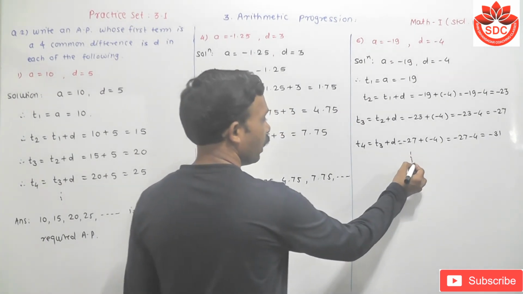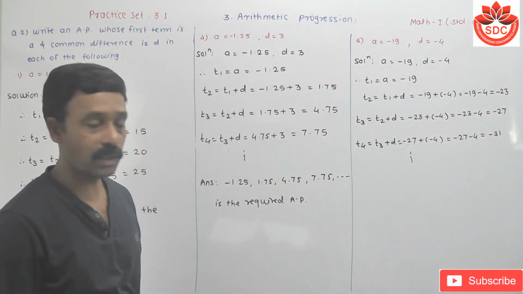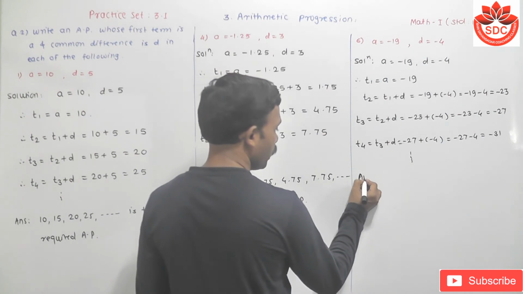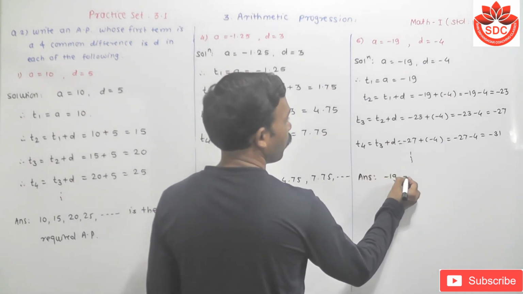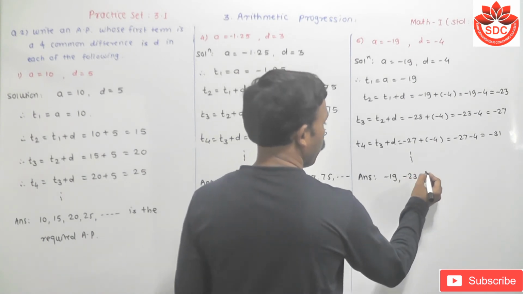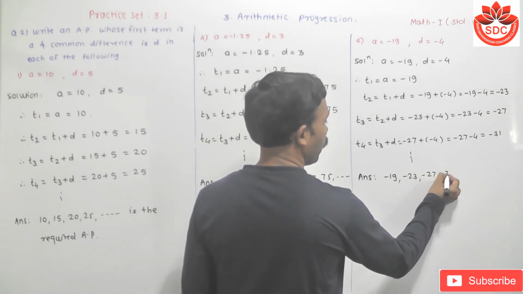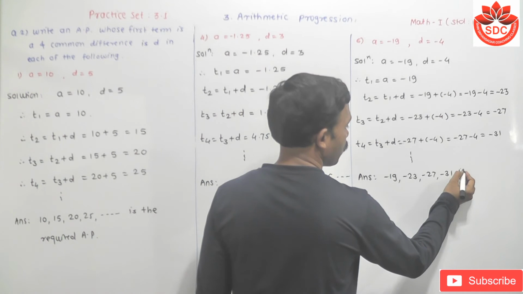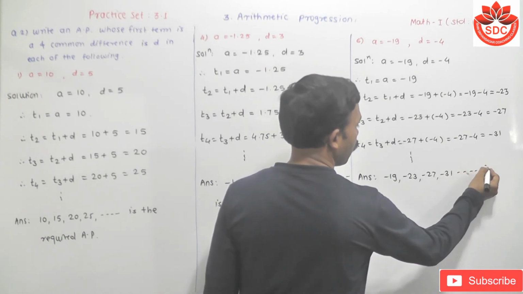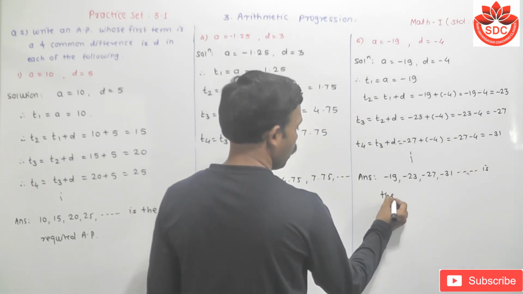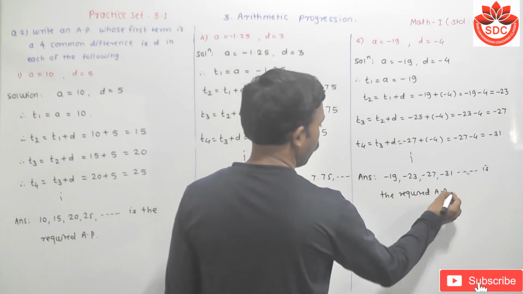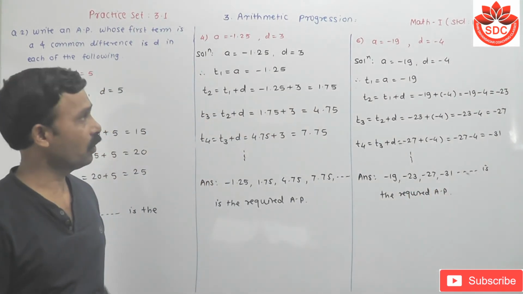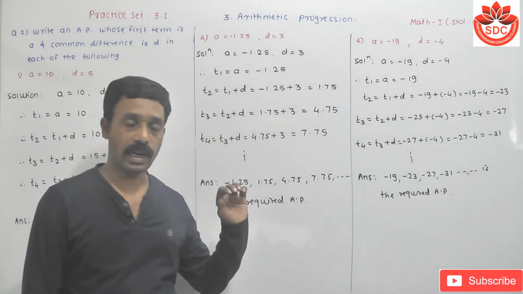Similarly we can find the next terms also. So the answer in a full sentence is: minus 19, minus 23, minus 27, minus 31 and so on is the required AP. Can you understand this? So simple. The remaining examples you have to solve at home.